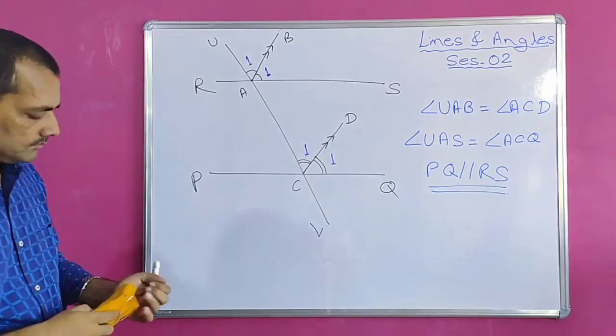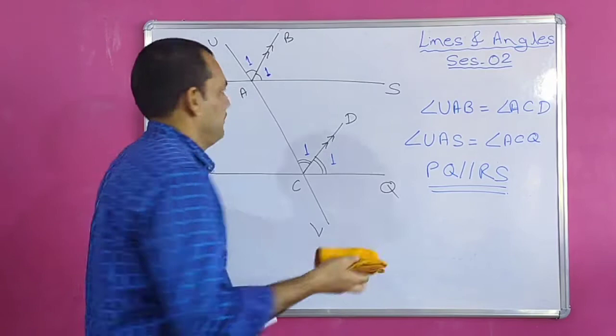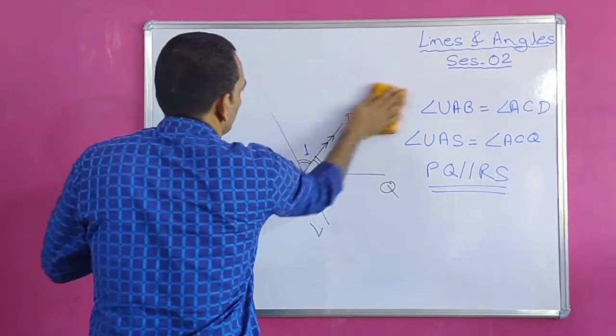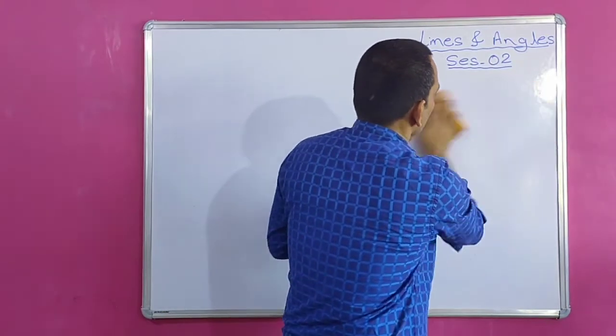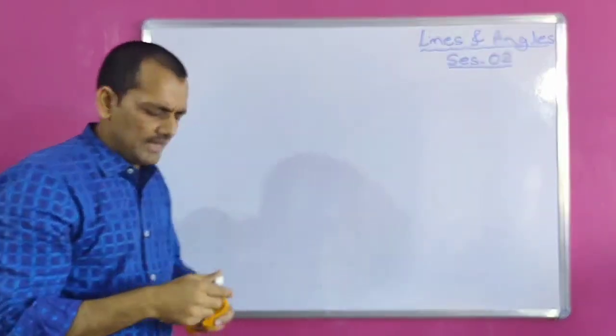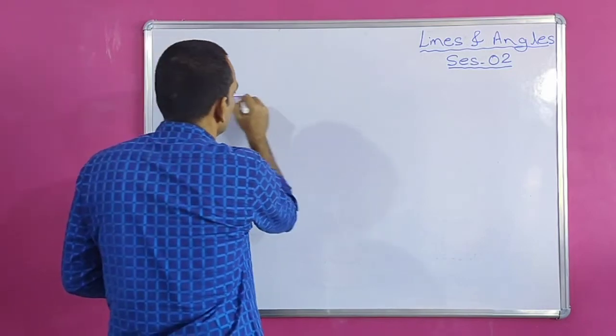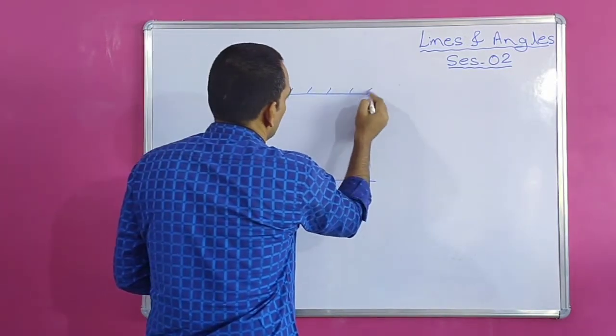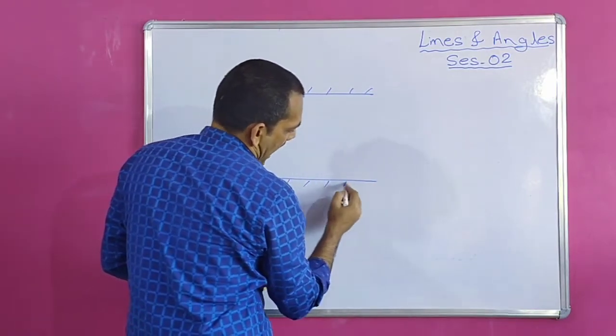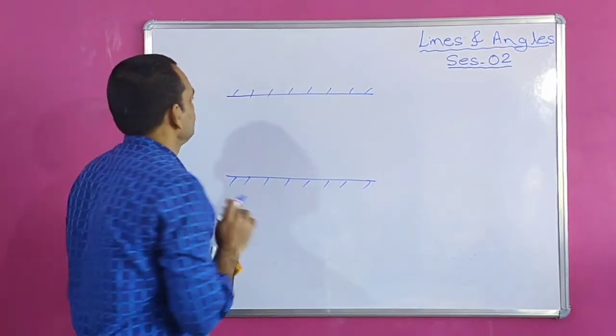Okay. Let's go to the third question. Let's consider there are two parallel mirrors, PQ and RS, and these two mirrors are parallel.